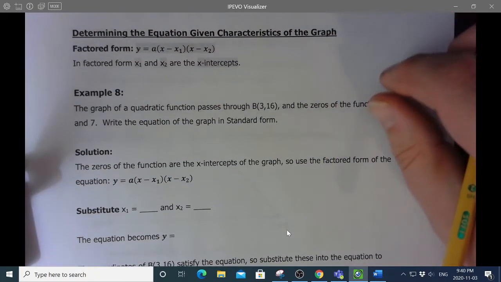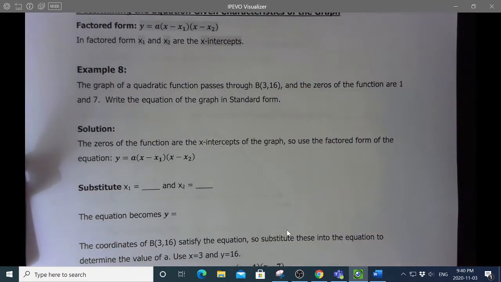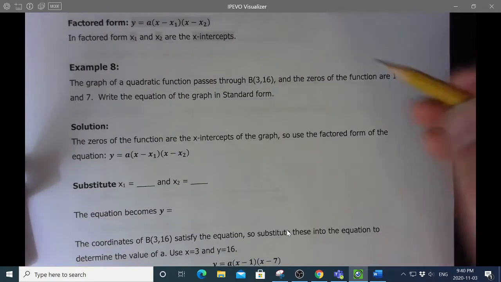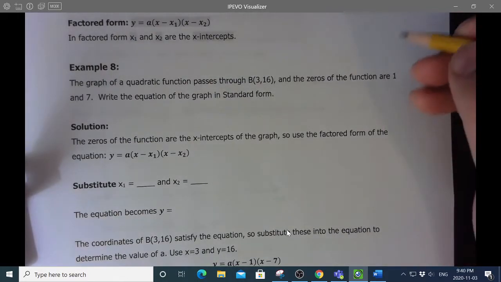So for example 8, a graph of a quadratic goes through (3, 16), and we are going to figure out the equation of the graph in standard form, but we're going to use factored form to get there. So it has zeros at 1 and 7. So that means that it has factors.